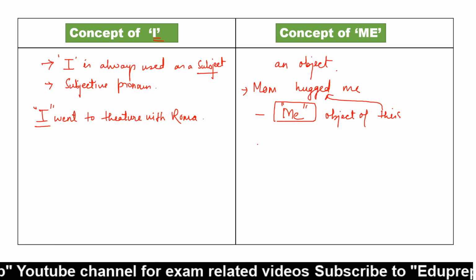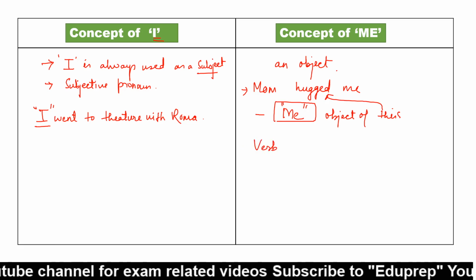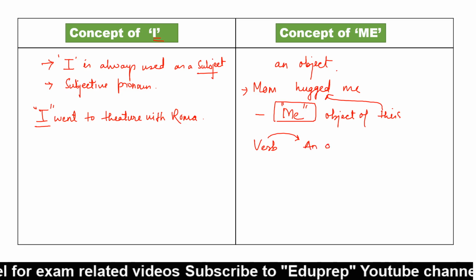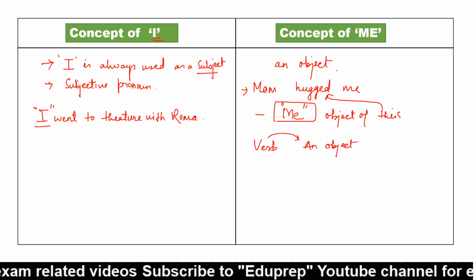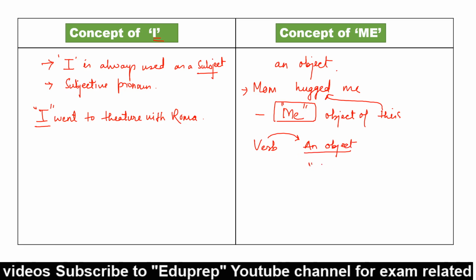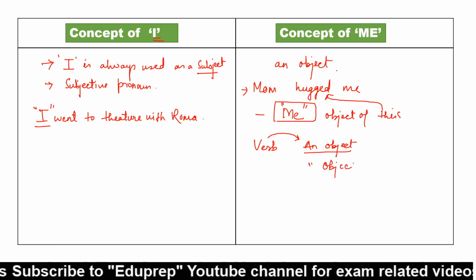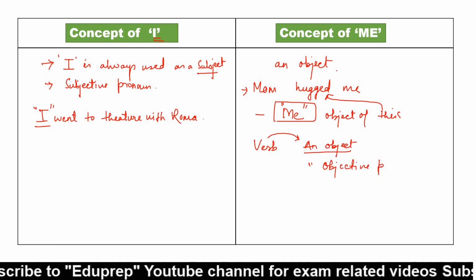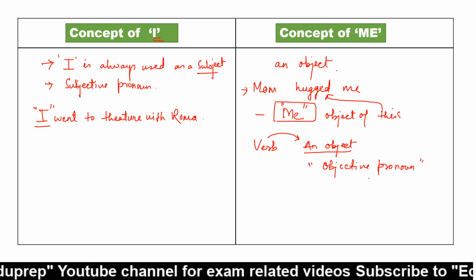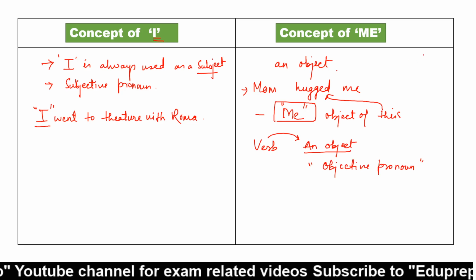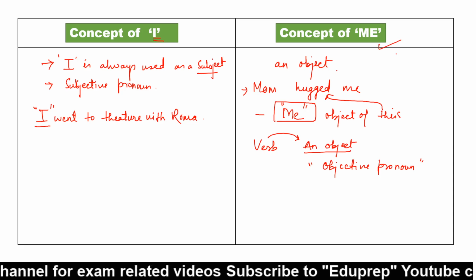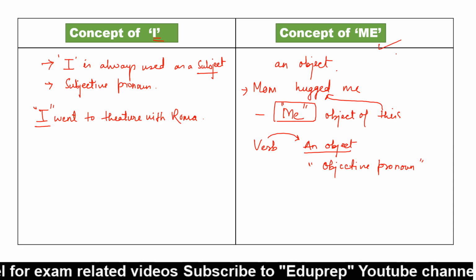That simply means whenever you use a verb in a sentence, it always acquires an object. So if a pronoun is going to be used after a verb, then that pronoun should always be in the objective case. An objective pronoun must be used after a verb. Whenever we use the pronoun me after a verb, it should always be in objective form.